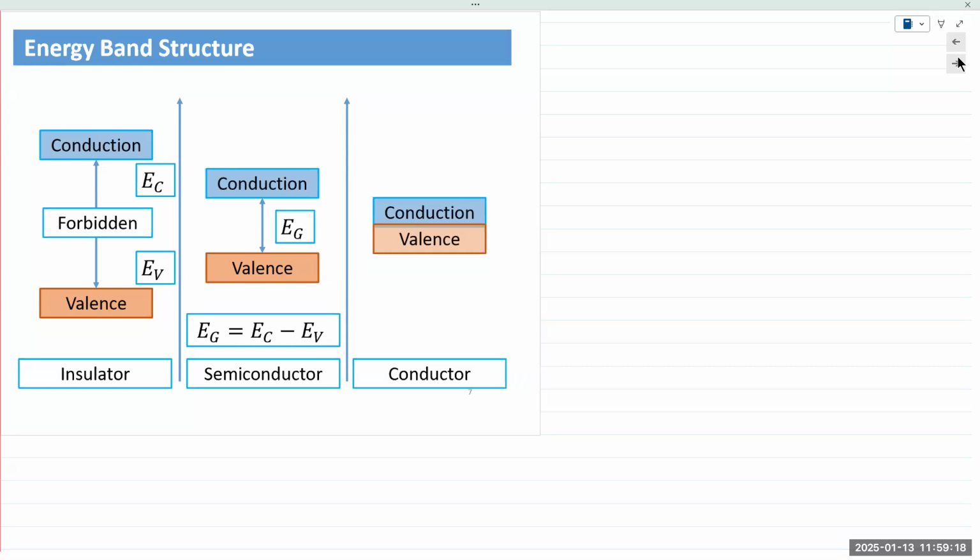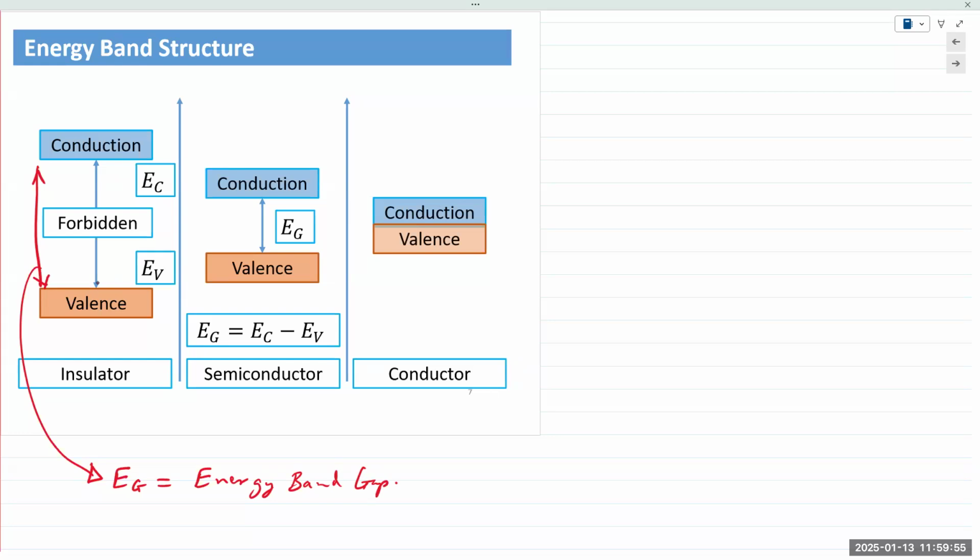In an insulating material, the difference between the conduction energy levels and the valence energy levels is known as the energy band gap, or the band gap energy, noted by EG.